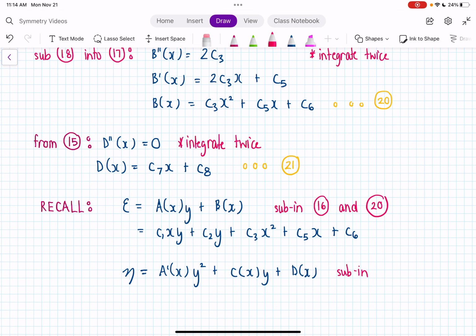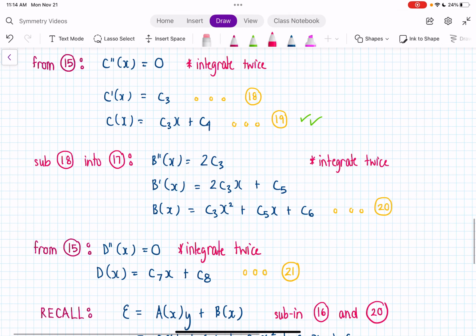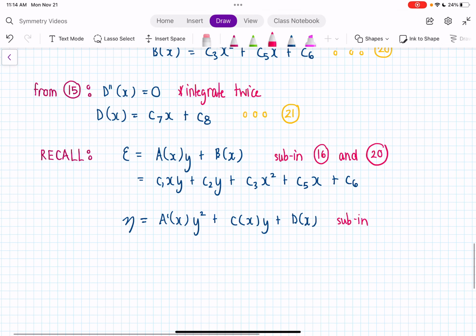And we need to substitute C and D. So 19, 21.